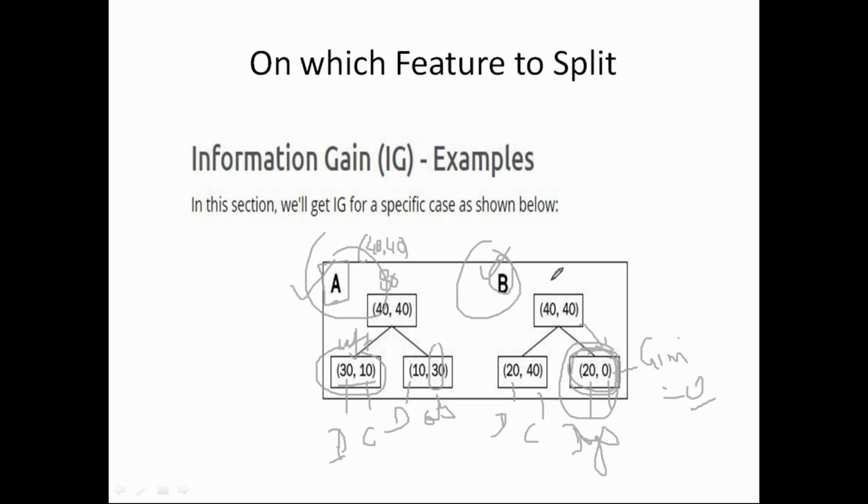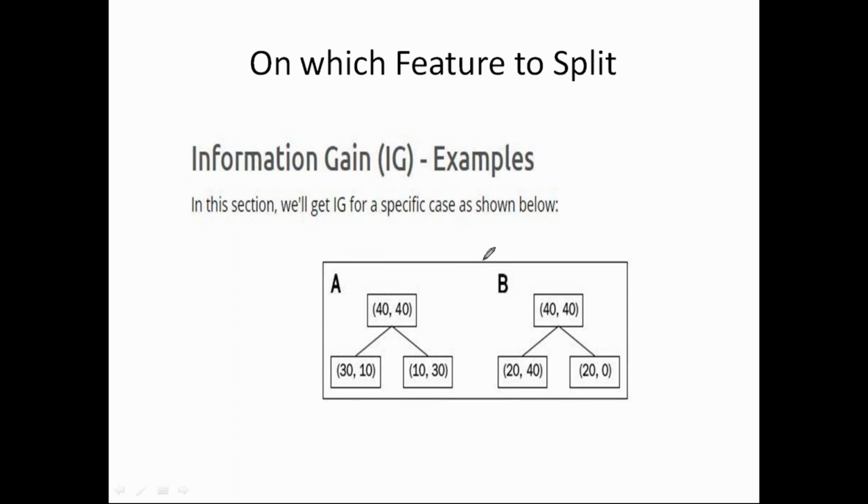But if the computer has to decide accurately, it will calculate the information gain of these two features. We will calculate the information gain of A and B, and you will find that the information gain of B is better than A, as it looks like also.